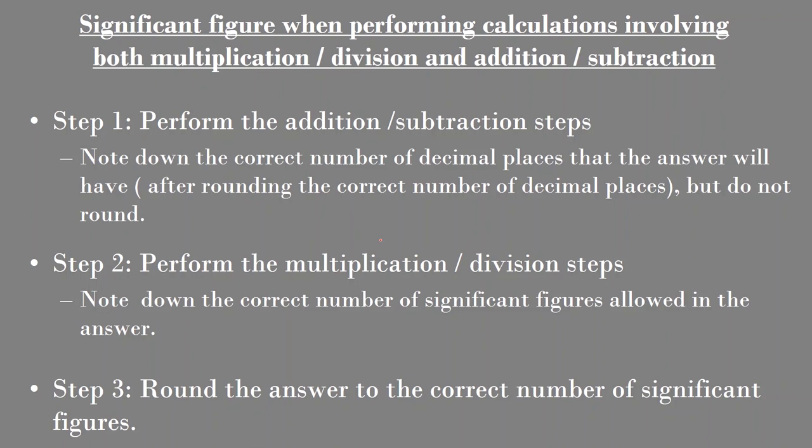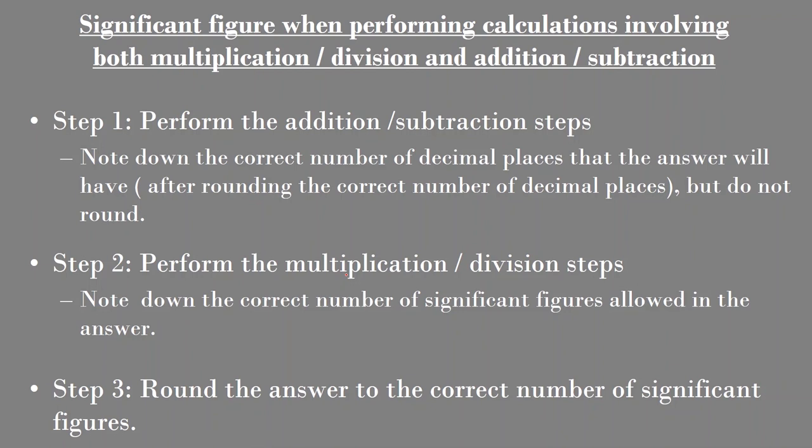You will note down the correct number of decimal places that the answer would have, but do not perform the rounding. And then you will perform the next step, which might be the multiplication or division step. And same thing, you will note down the correct number of sig figs allowed in that answer, but you are not going to perform the actual rounding. The rounding will be at the end to the correct number of sig figs.